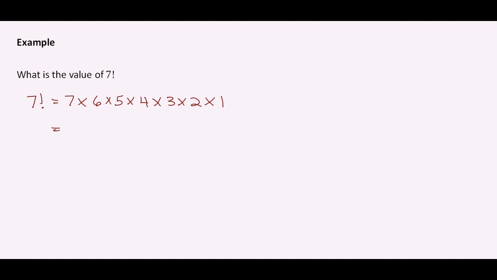The other thing you can do is group them this way and multiply them together. This is going to be 4 times 3, 12 times 2, so you have 24 on one side, and then you have 7 times 6, 42, multiplied by 5, 210. 210 multiplied by 24. So we have a zero, so we're just going to multiply 21 by 24 and attach a 0 to the end.